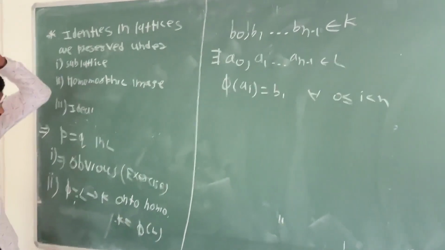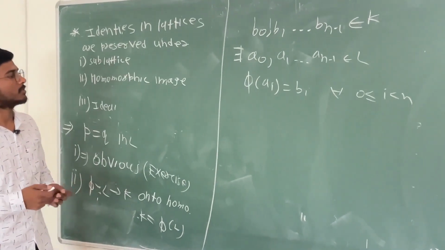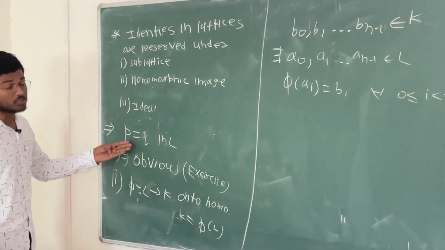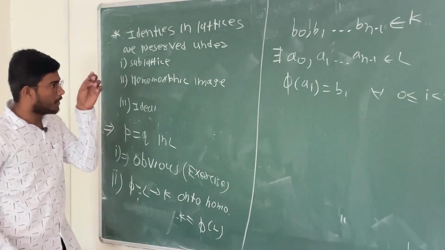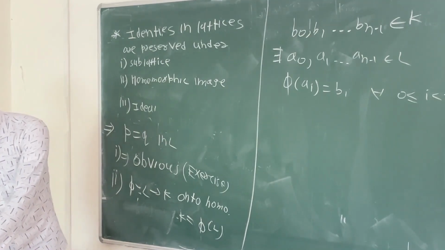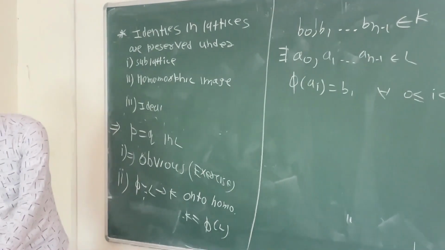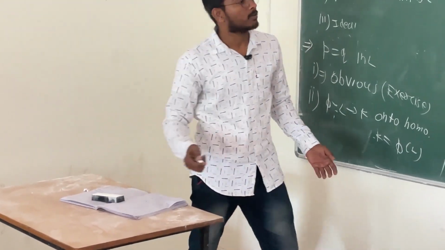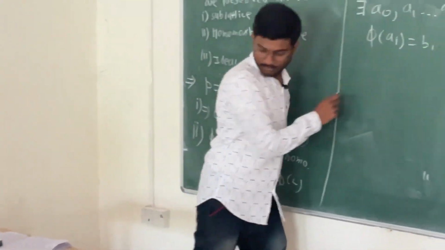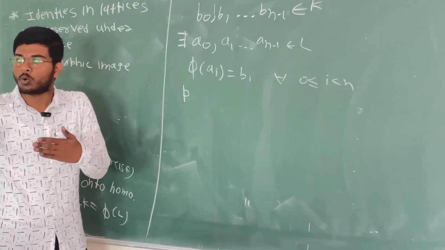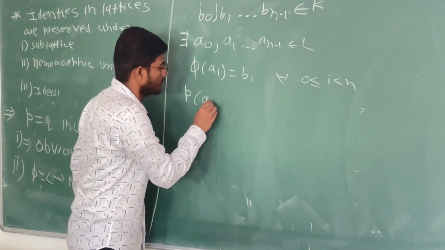Now what we have to prove is that P is equal to Q also holds in K. Now we will take the polynomial. What is phi of B0, B1, B2, Bn minus 1? You take your own time. So now we have that P is equal to Q holds in L. So we will write here.